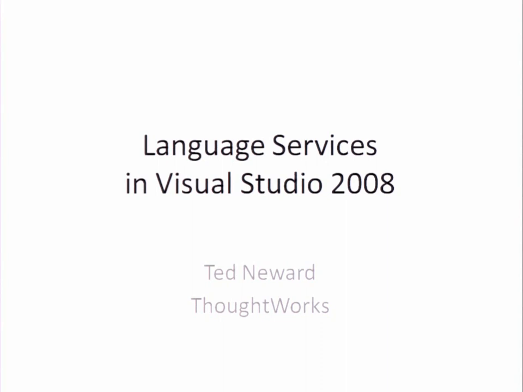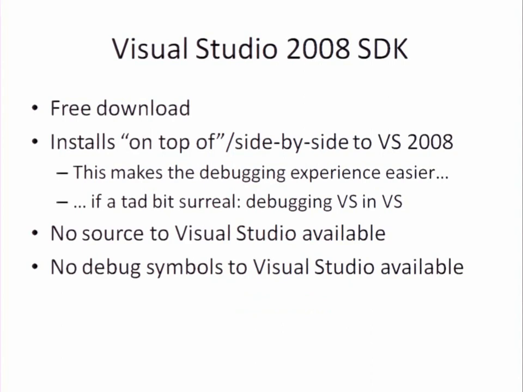What I did want to do is just go over the bare essential outlines, and then I'm actually going to look at one of the samples that shipped with the Visual Studio SDK, the regular expression language service, which is a pretty brain-dead and useless implementation of a language service, but it does give you some basic structure to think about how to build out a language service, give you a basic idea of how language services are constructed in Visual Studio, and hopefully give you at least a starting point for building your own extensibility and plugins to the Visual Studio environment.